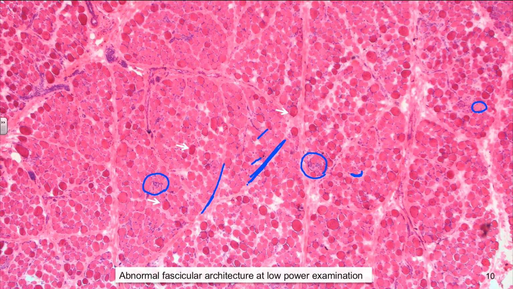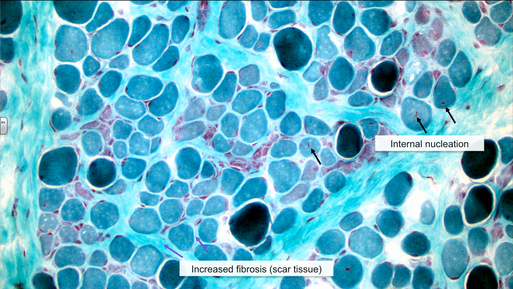So again, by all standards, this is a dystrophic muscle, at least by pathologic description. You can call it myopathy, you can call it active because we see areas of degeneration, and you can call it chronic because there is scar tissue. We know that's been going on for some time.